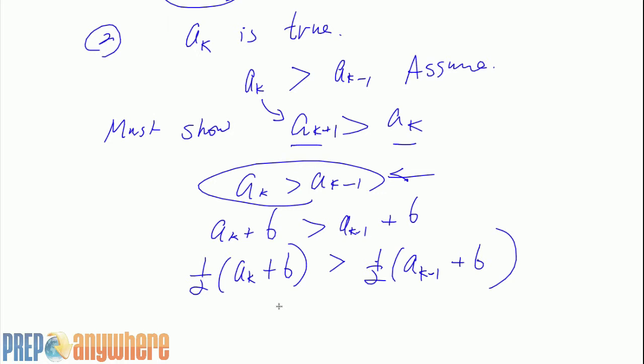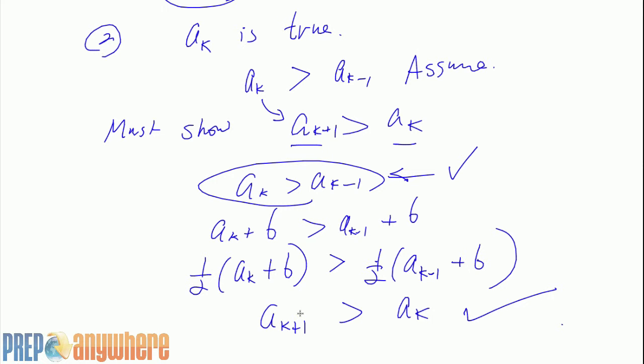And this is by definition AK plus 1, isn't it? And this is by definition AK, isn't it? So if we assume this is true, this is also true. We showed it for the base case, and that if you assume case K works, the K plus 1 case works.